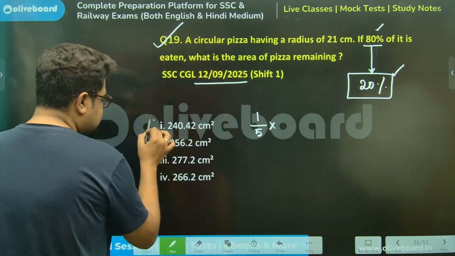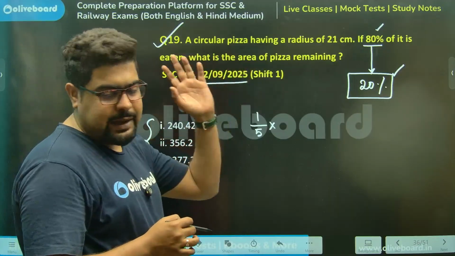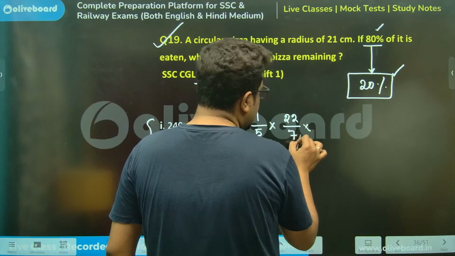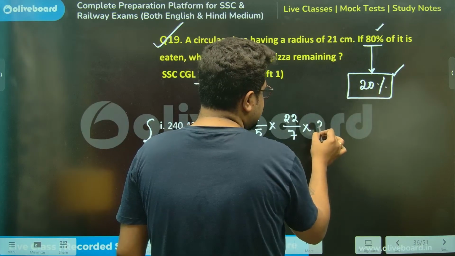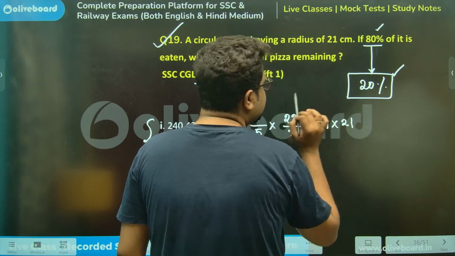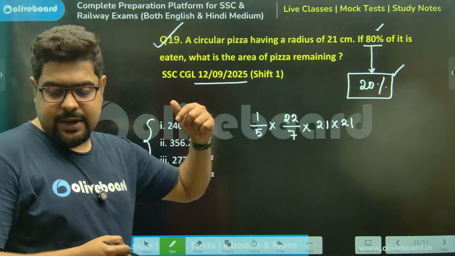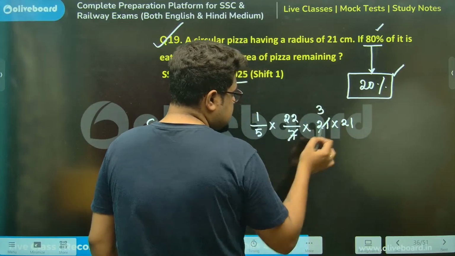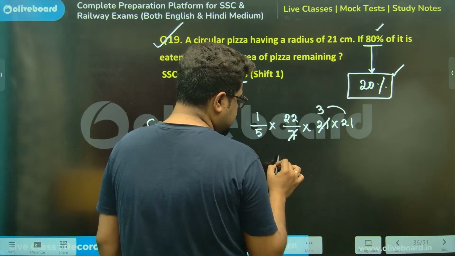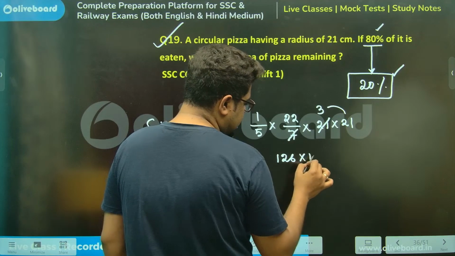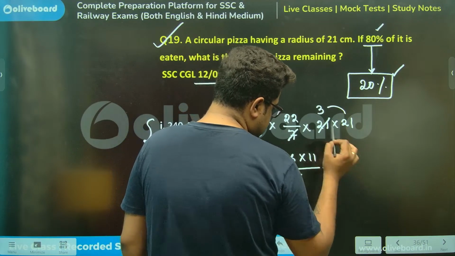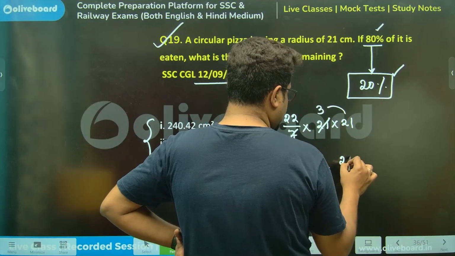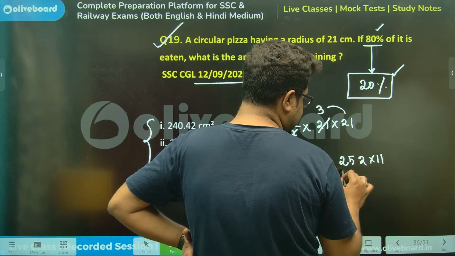From the options, it's quite obvious we need to put the value of pi as 22 by 7, and the radius is 21. So pi r square is 22 by 7 into 21 into 21. 7 3s are 21, so this is 63. 63 2s are 126 into 11 by 5, which is 252 into 11 by 10.